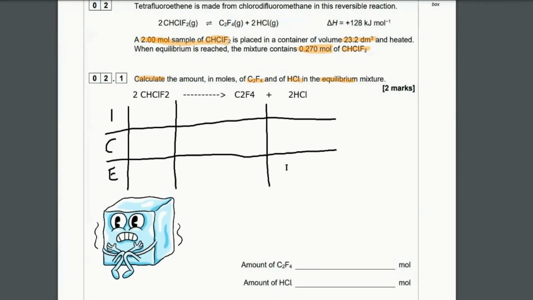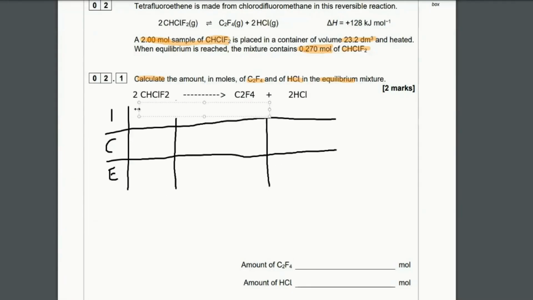They make a little grid like that of the products and reactants, and then I write I. So it tells us, which I've highlighted at the top, that we've got 2 moles of CHClF2, and we can't have any moles of the products yet. So no moles of C2F4 and 2HCl.